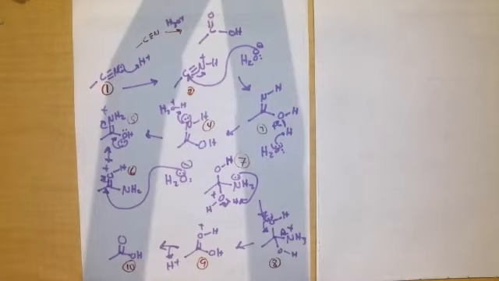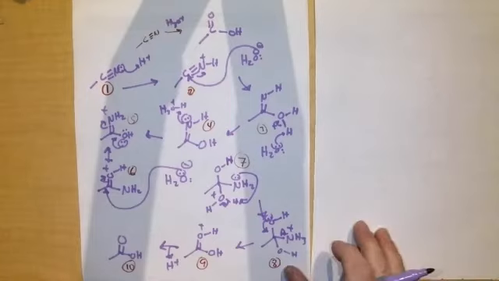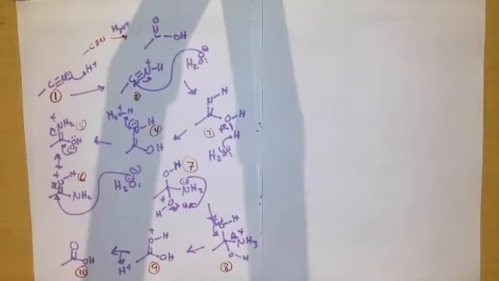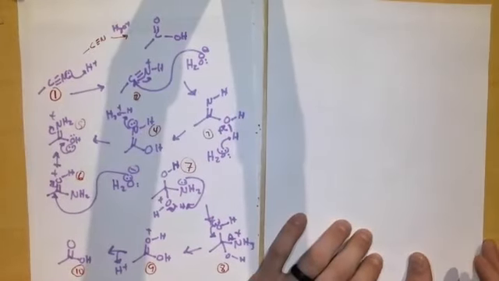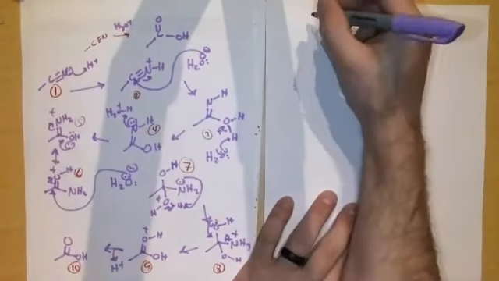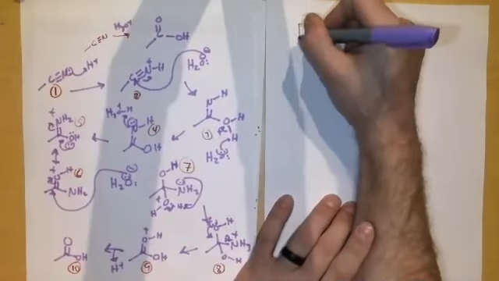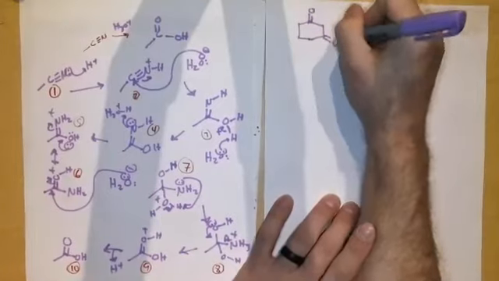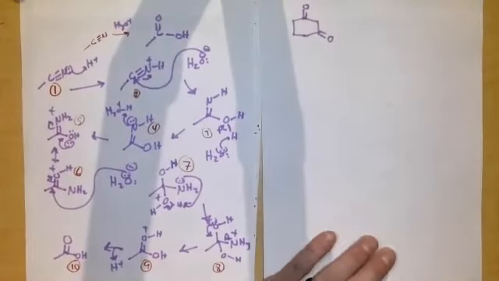All right, I'm going to do this, which is also a really long one. Robinson annulation. And then if you guys have any other questions, I can go talk about them. So let's draw this over here. We've got a diketone going in NaOH.